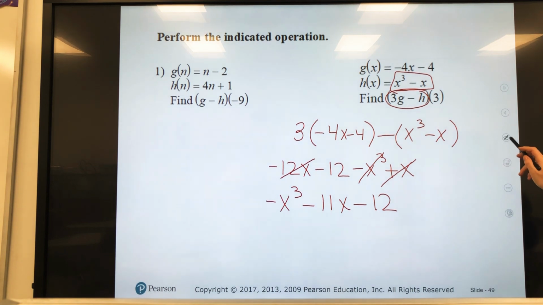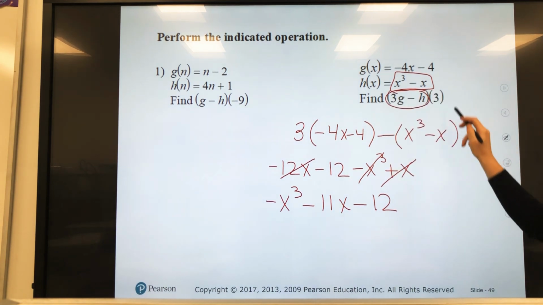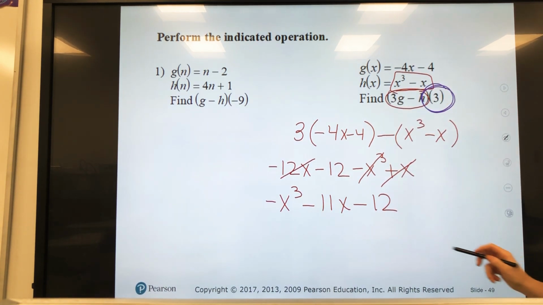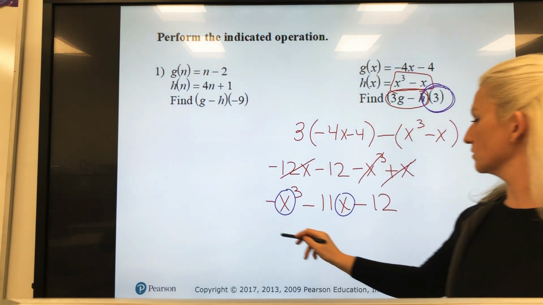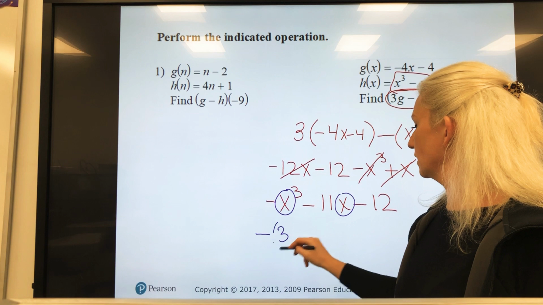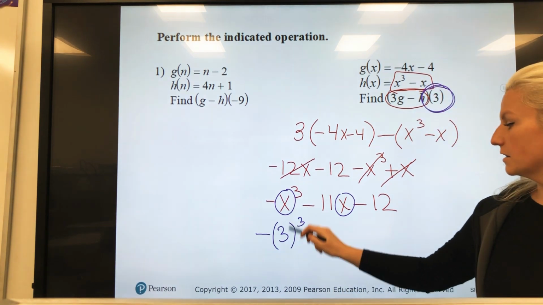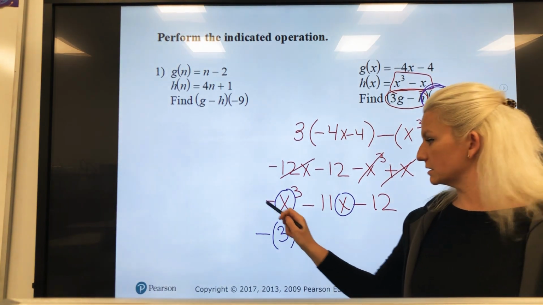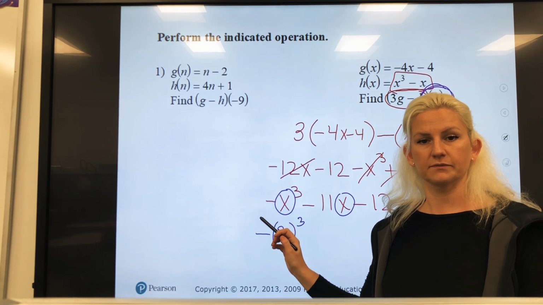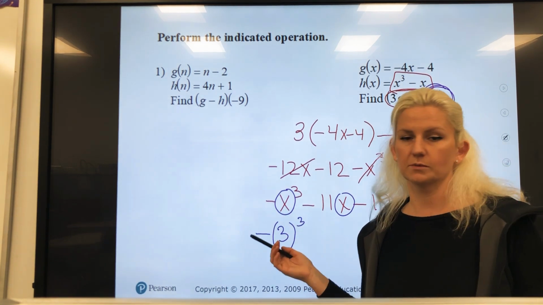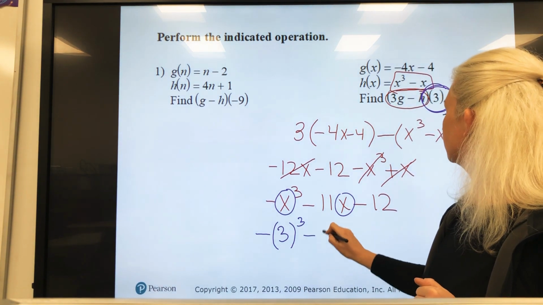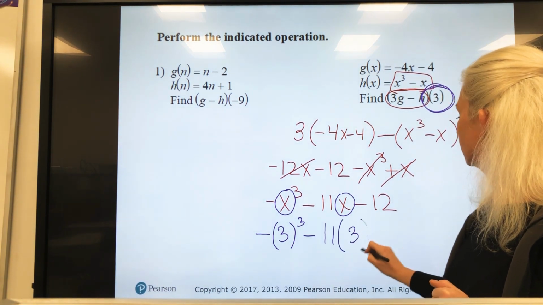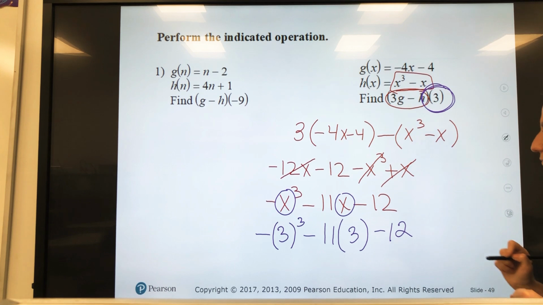Okay, now I'm going to take the 3 and evaluate. So that means I got to put a 3 here and a 3 here. So that's -3 cubed. Be careful here. This should be parentheses around the 3. It's not cubing the negative, but still, just to be safe. Anyway, -11 times 3 minus 12.